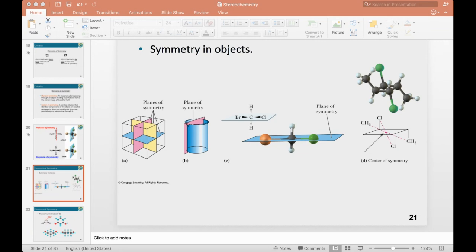Any molecule not having an element of symmetry will be chiral. If it's chiral, it can have an enantiomer because it's not superposable with its mirror image. If it's achiral, it won't have an enantiomer because the mirror image is the same molecule.